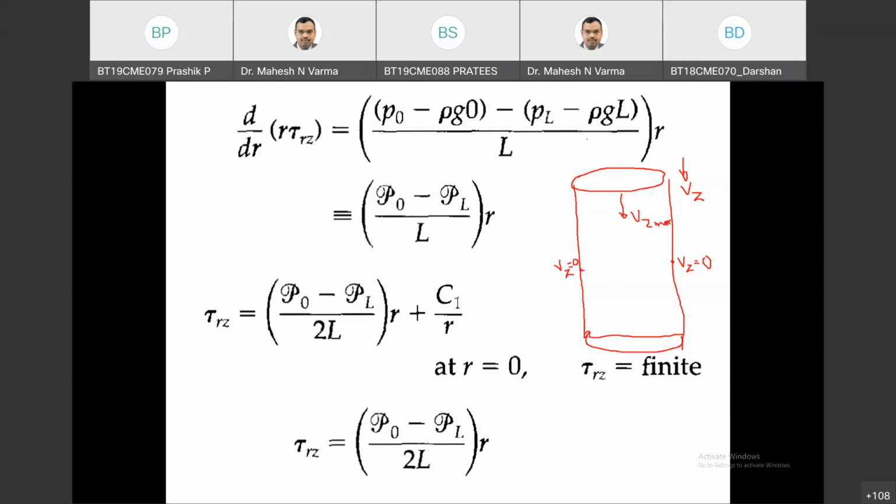If I am moving from this point to this point, how will the velocity profile be? Here I will get maximum velocity, and then here I will get zero velocity. So this will be my velocity profile.